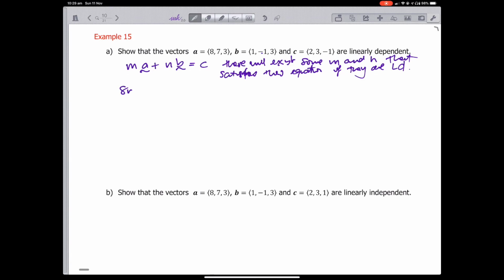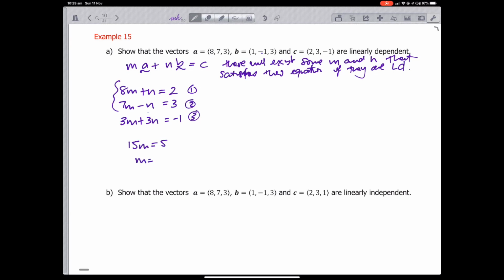Okay, so we've got 8M plus N is equal to 2. 7M minus N is equal to 3. 3M plus 3N is equal to negative 1. So let's go with these two because they're going to be the nicest ones. If I add them together, 15M is equal to 5 because our N's cancel.